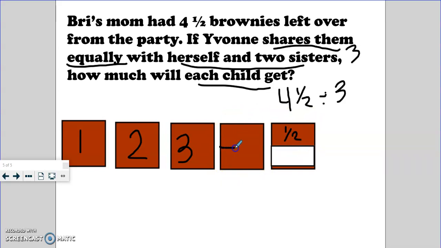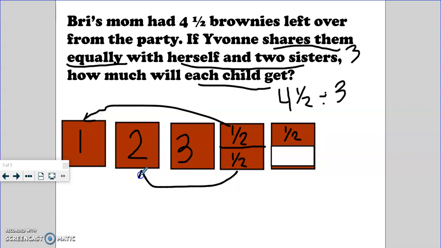I can cut this up into halves. This would be a half, and this would be a half. And look, now I have 3 equal pieces to share with my 3 wholes. So I would have 1 and 1/2 there, 1 and 1/2 there, and 1 and 1/2 there.